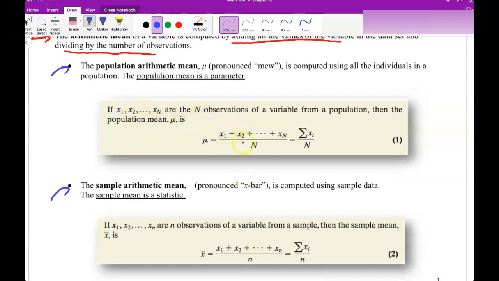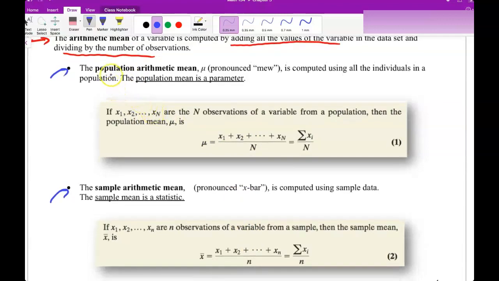The formula is exactly the same, but in your problems, make sure that for a sample you choose X bar and for a population, mu. Here we have all these observations, x1 up to xn.